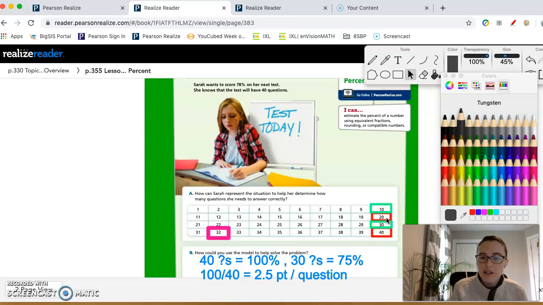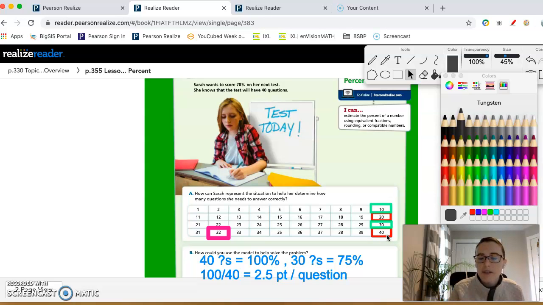I noticed that I had 4 rows of 10. So if I were to divide 100 by 4, each 10 questions is worth 25 points. If I got 10 questions right, I get 25%, 20 questions right, I'd get 50%, 30 questions right, I get 75%, and 40 questions right, I get 100%.